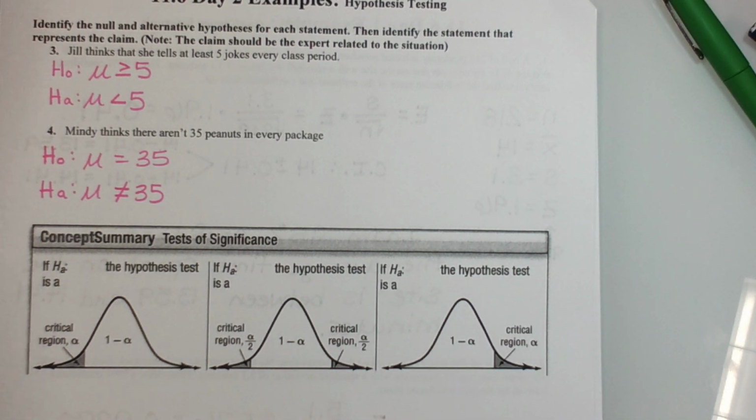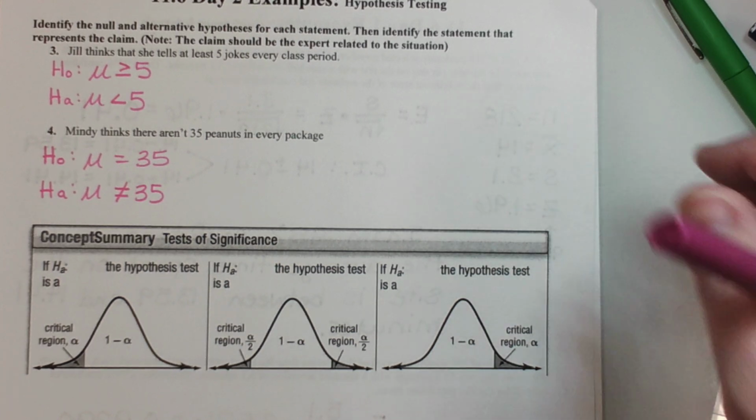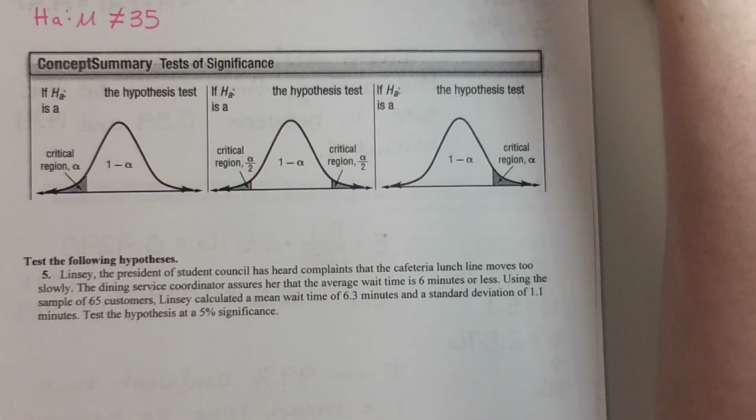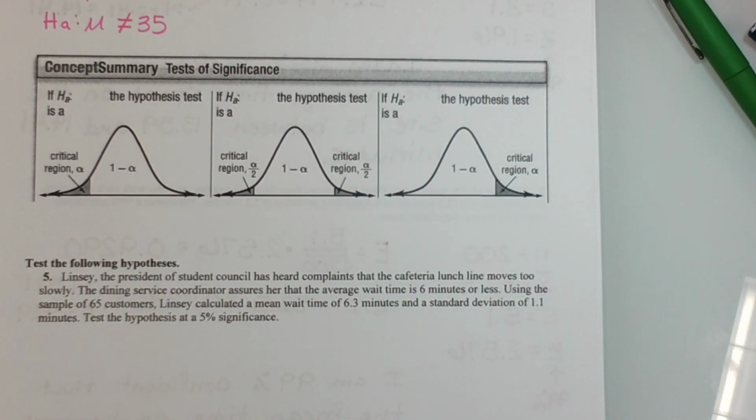Okay, now, before we get into our actual problems that have us doing the entire process, we need to talk a little bit about how these hypotheses deal with the bell curve. So in all technicality, when you are doing hypothesis testing, there are 3 different forms of hypothesis tests.